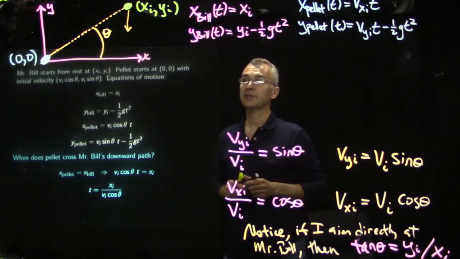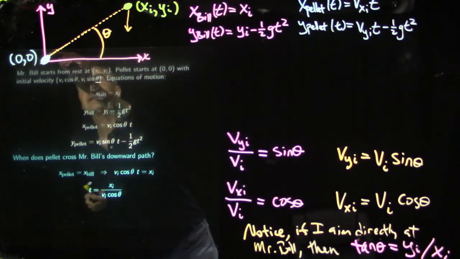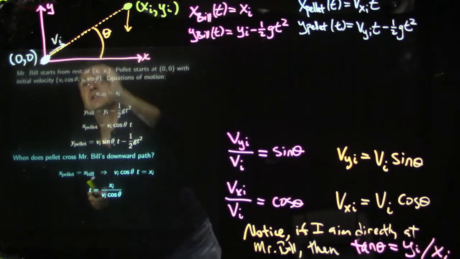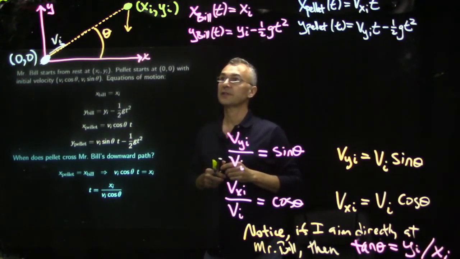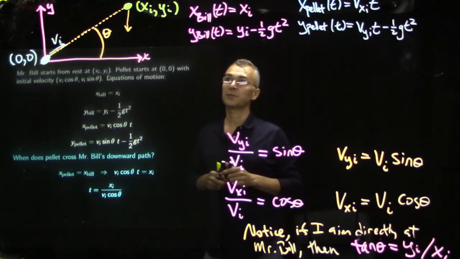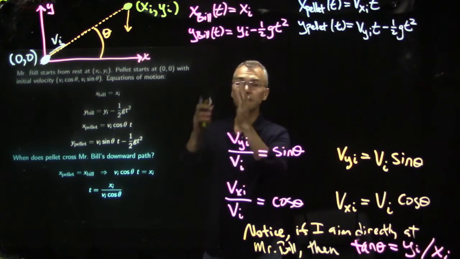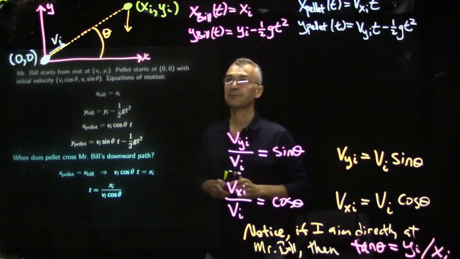So then the pellet starts with some initial speed, V initial, and there's going to be some angle with respect to the horizontal when I take that initial speed and turn it into an initial velocity with x component and y component.